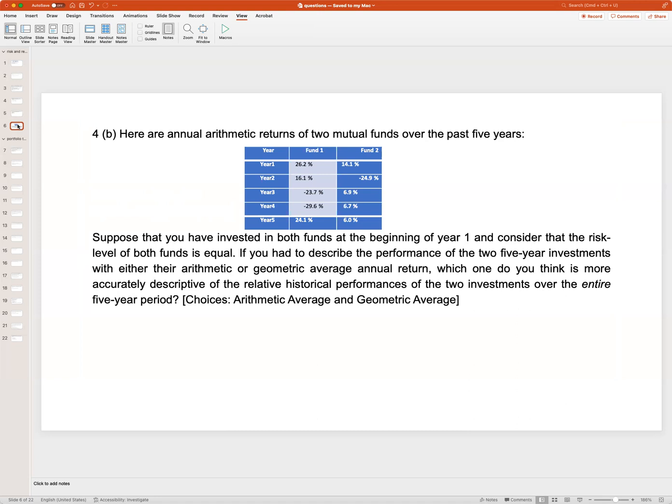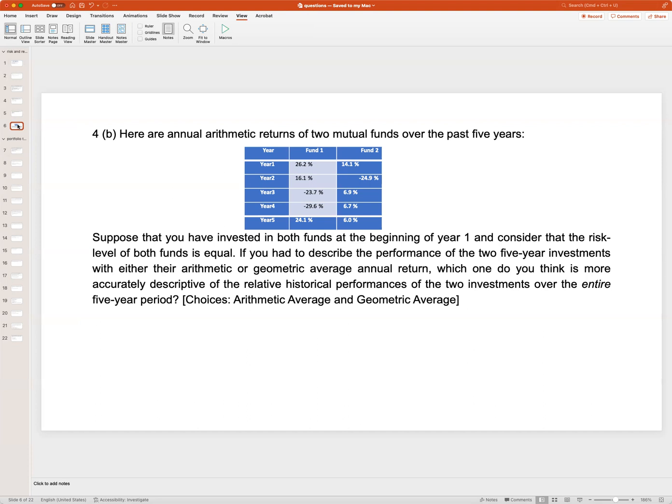If you had to describe the performance of the two 5-year investments with either their arithmetic or geometric average annual return, which one do you think is more accurately descriptive of the relative historical performance of the two investments over the entire 5-year period?